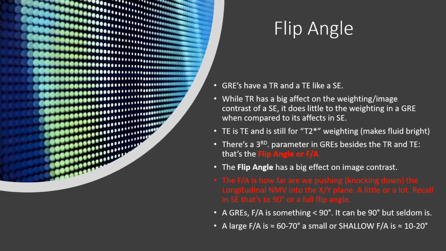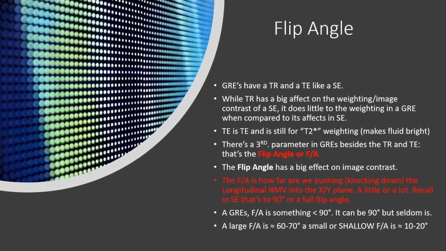But that third parameter in gradient echo land is your flip angle. And that will affect image contrast a great deal. So know that the flip angle, and see, it's in red, so you should have this in the back of your minds. The flip angle is how far we're knocking down the longitudinal net magnetization vector into the XY plane.